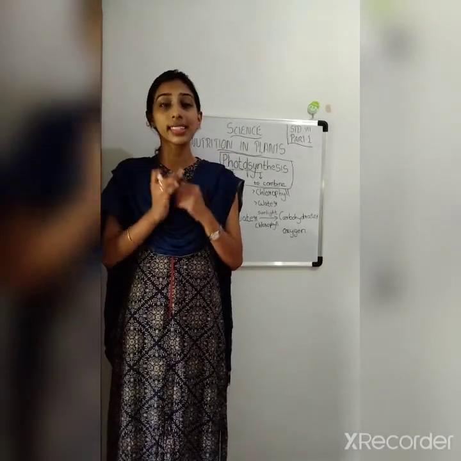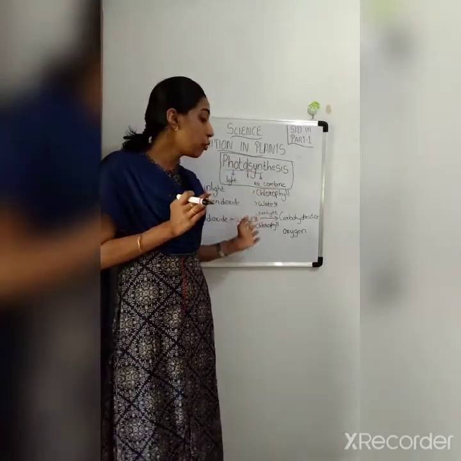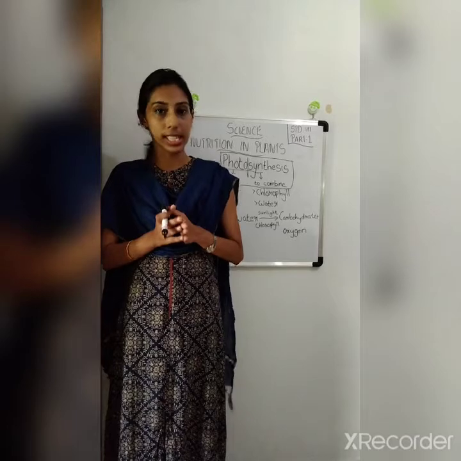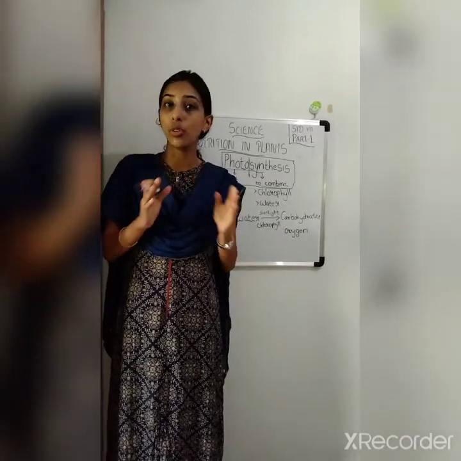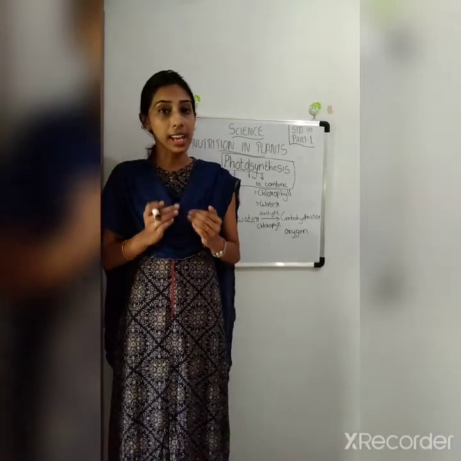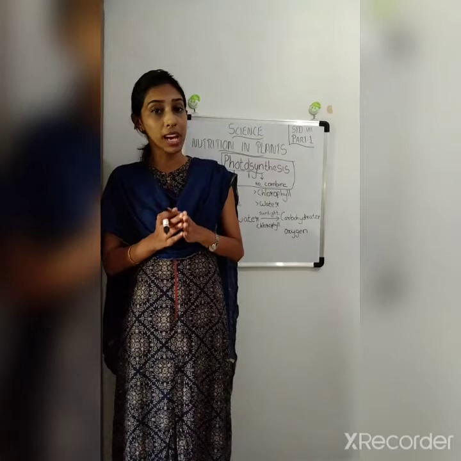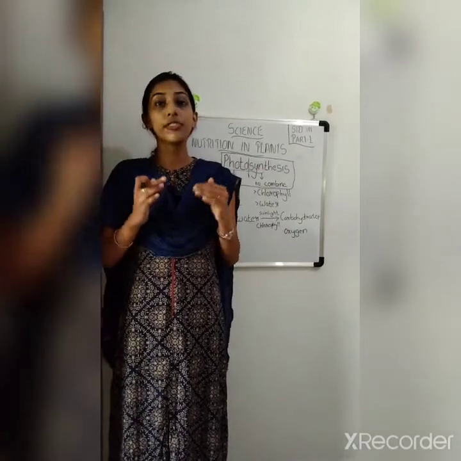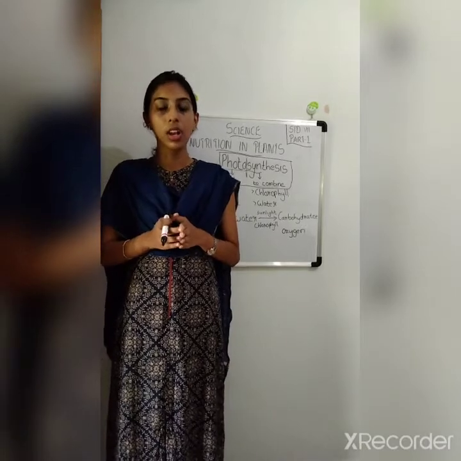Photosynthesis is very essential as we know that plants prepare food through the process of photosynthesis. So without photosynthesis, there will be no food. As animals and human beings depend indirectly on plants for food, if there is no photosynthesis, no food will be there.